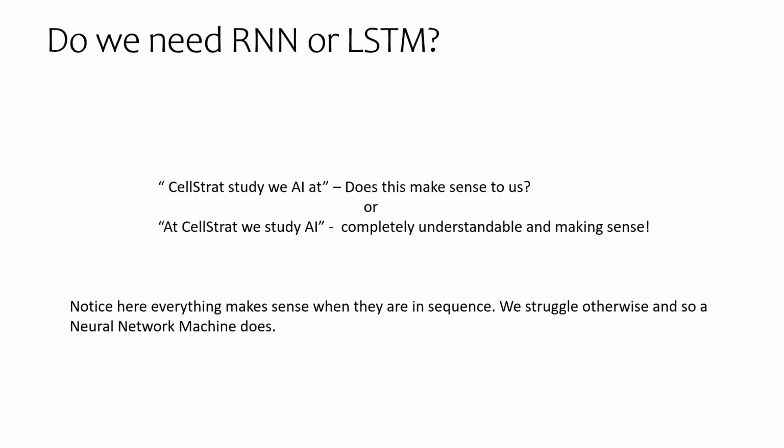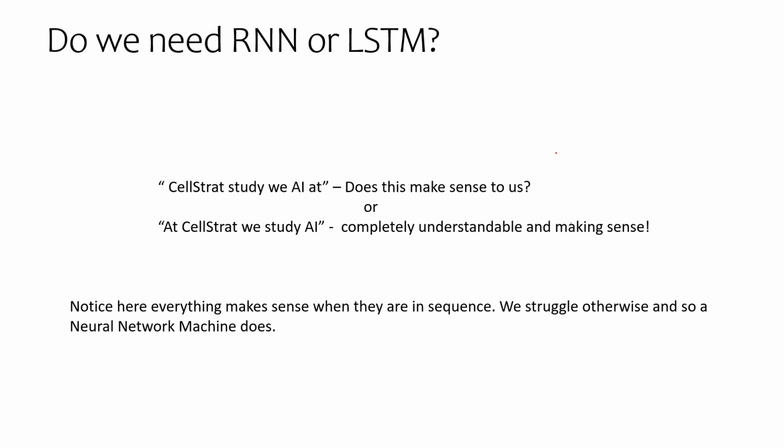Let's understand LSTM and RNN. For example, if I say "self-stat study we AI act", it doesn't make any sense to us. It doesn't have any meaning, and it doesn't look like a sentence to human beings.